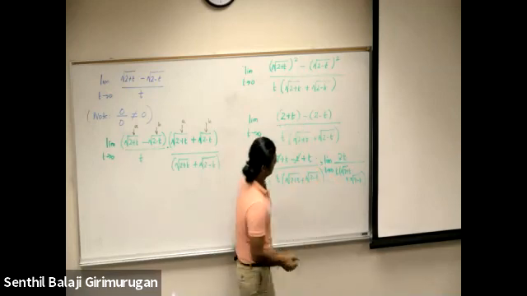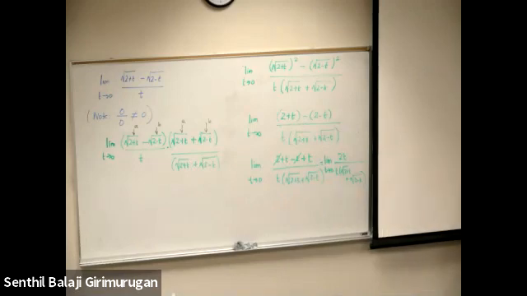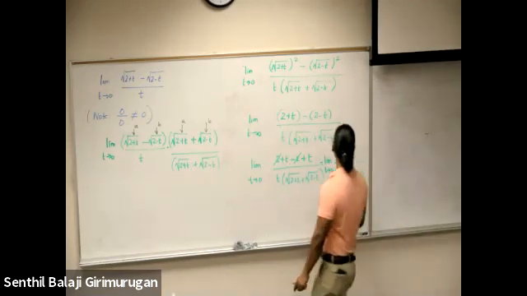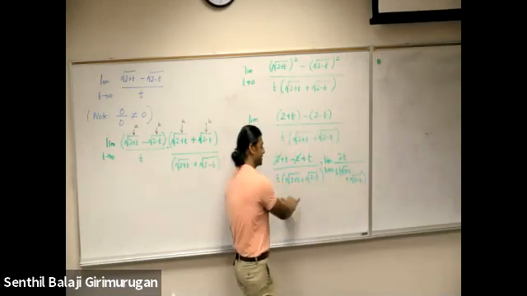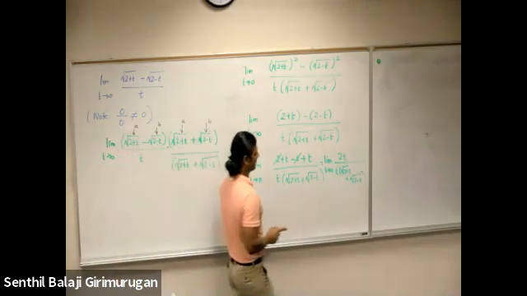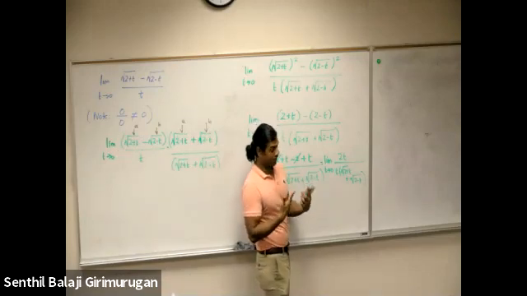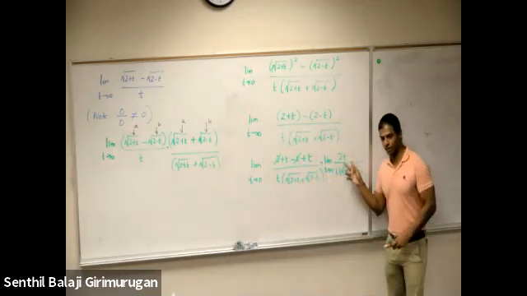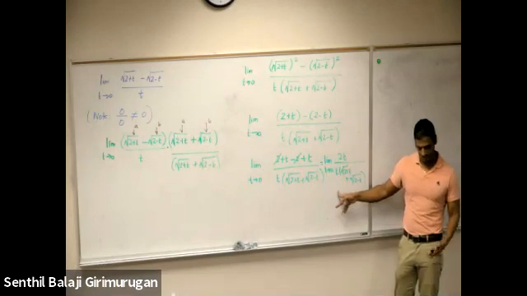Running out of space. I'll just pull this up so that you can see. I just wrote limit as t approaches 0 of 2t divided by t multiplied by the sum of the roots. Again, I've seen students apply the limit right at this step and end up at 0 over 0. So don't do that. If you observe the expression, there is a 2t in the numerator and t in the denominator.